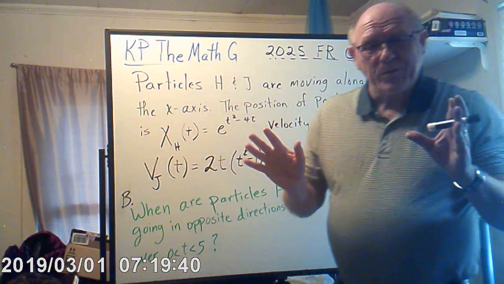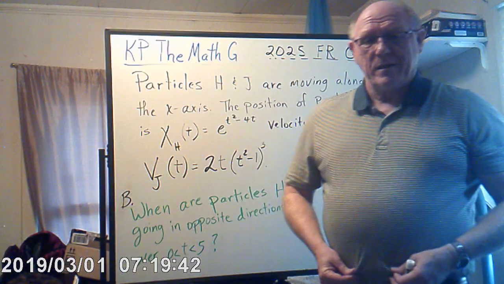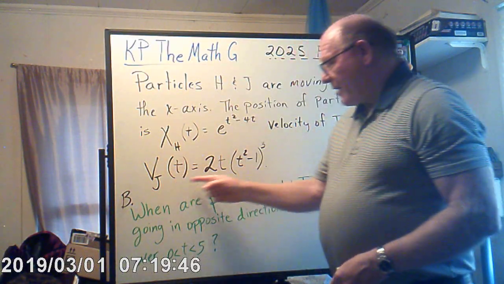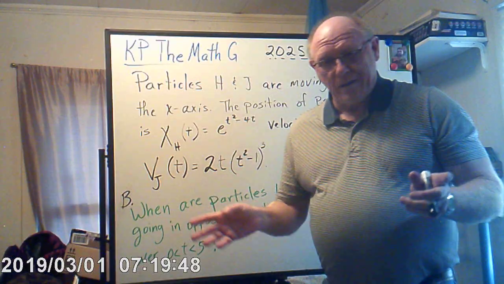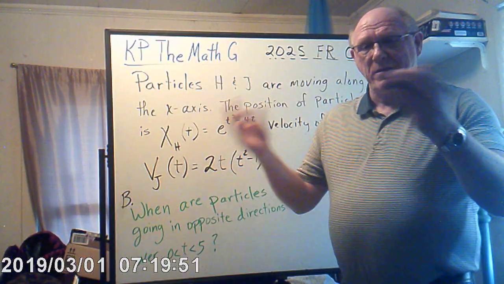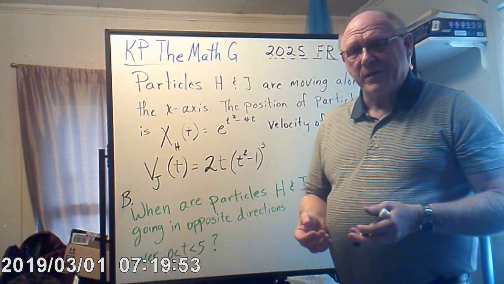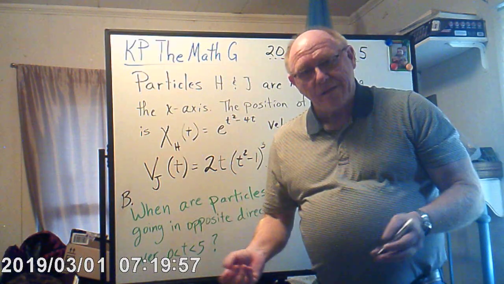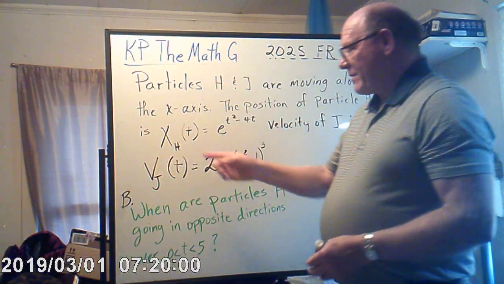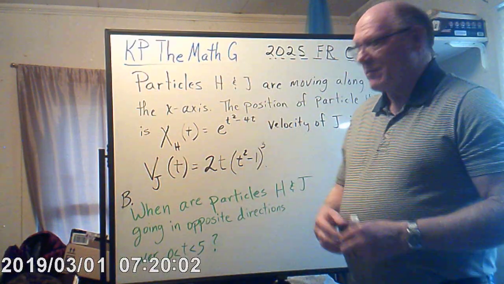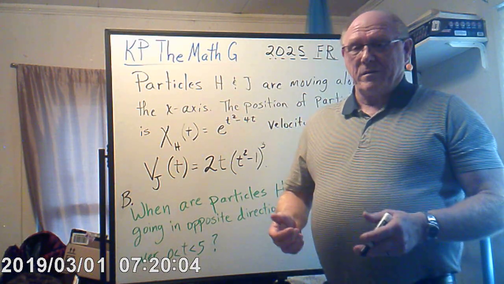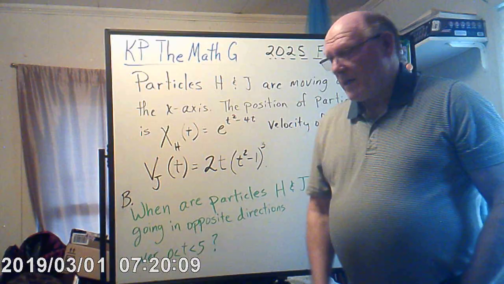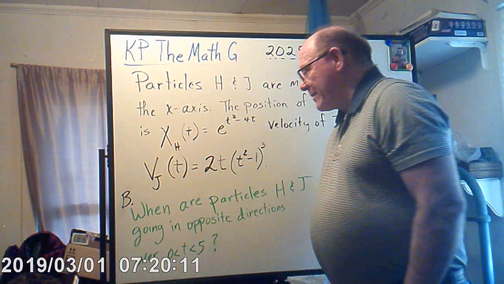There are times when you don't do anything to it. With j, there's nothing to do. Don't try to take a derivative or an antiderivative, because if you take the derivative of velocity, you get acceleration. If you take the antiderivative of velocity, you get a position equation. This is a position equation.